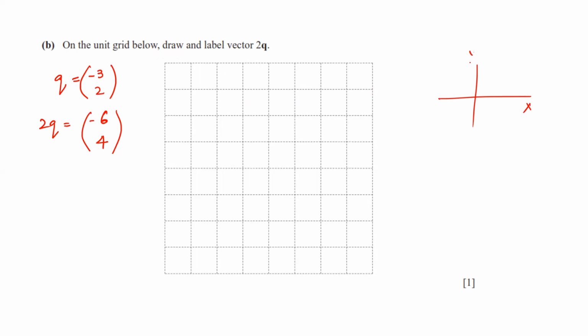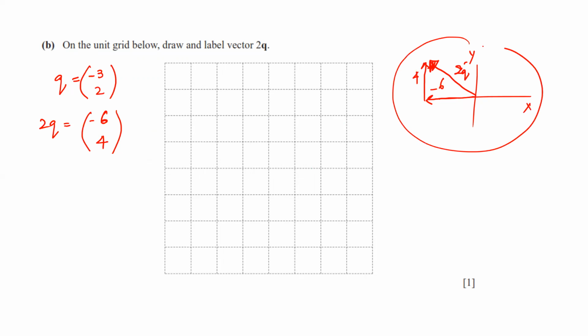On the X side, you'll be going in a minus direction, it will be 6, and on the Y side you will be going up by 4, and your vector will look something like this. This will be your 2q vector. So first draw a rough sketch on the right hand side, on the space given on the paper, and then move to the grid, because that will help you in utilizing the grid properly.